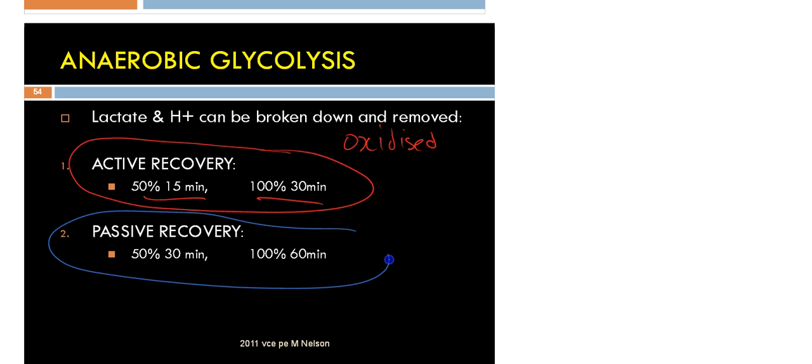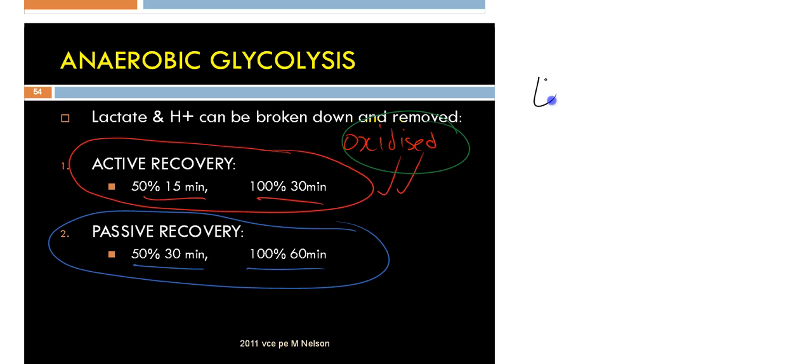Passive recovery, 50% in 30 minutes, 100% in 60 minutes. So we do prefer an active recovery so that we can maintain a slightly higher heart rate, we can deliver more oxygen to the working muscles so that we can then oxidize the lactate and hydrogen ions more effectively.